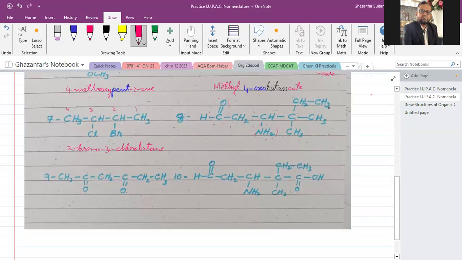And here we will follow the longest chain: 1, 2, 3, 4, 5, 6. This is the longest one. If you go straight, then this is 1, 2, 3, 4, 5. So the longest chain is the one that contains all the possible functional groups.